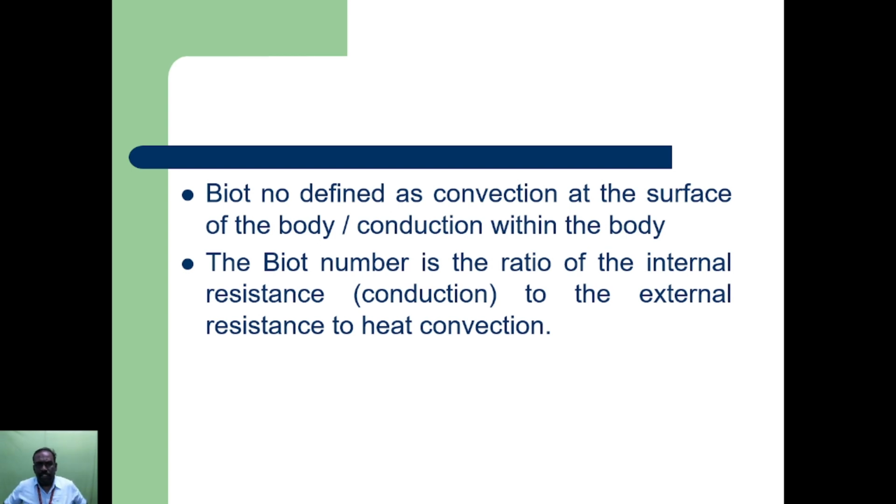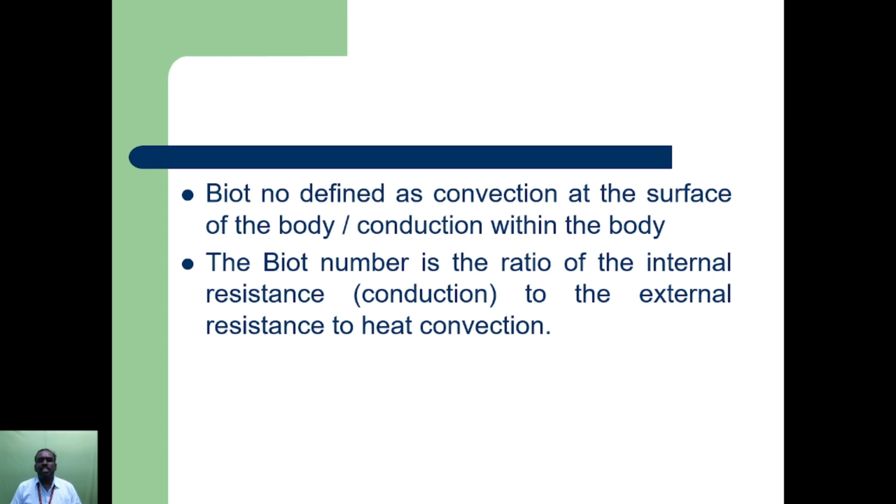Biot number is defined as convection at the surface of the body divided by conduction within the body. We have studied convection at the surface of the body divided by conduction within the body.